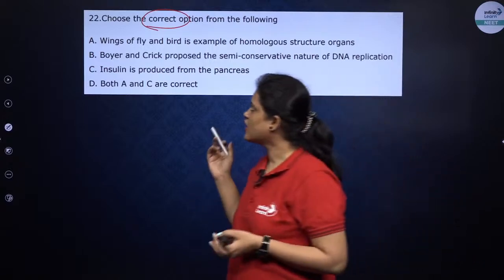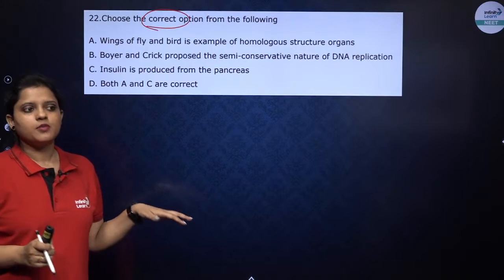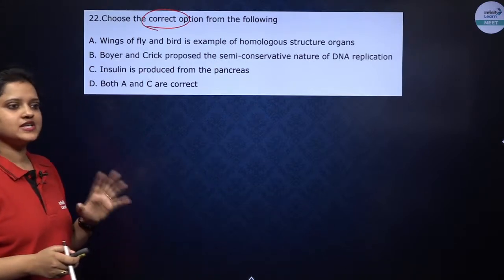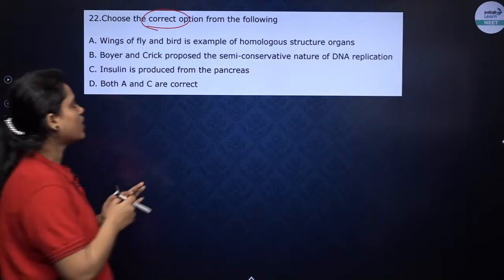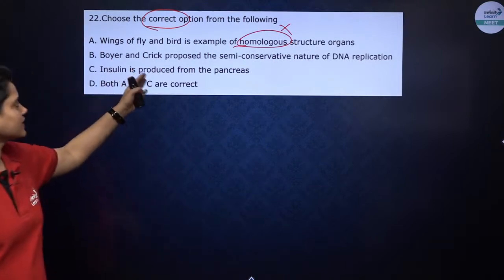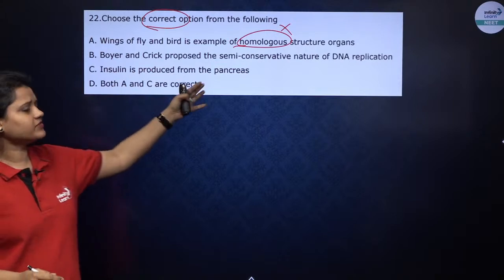See, wings of fly and birds, these are examples of analogous organs. Both of them use the wings for flying, but the structure is different. So the organ is analogous and not homologous. Boyer and Crick, no, Watson and Crick. Insulin is produced from the pancreas.